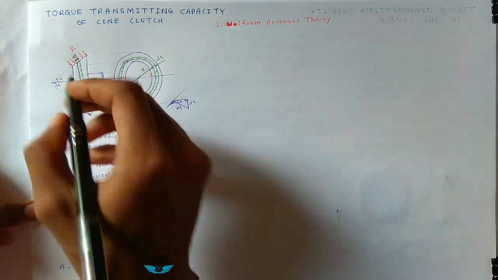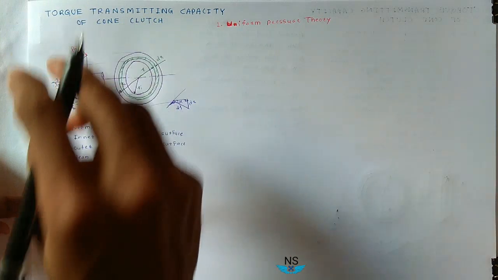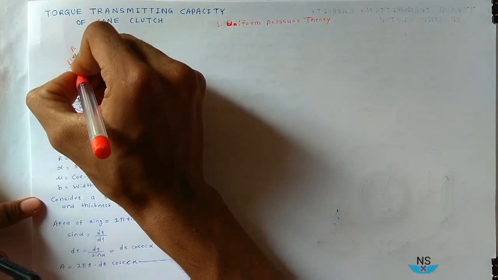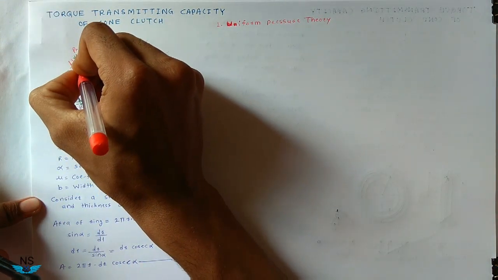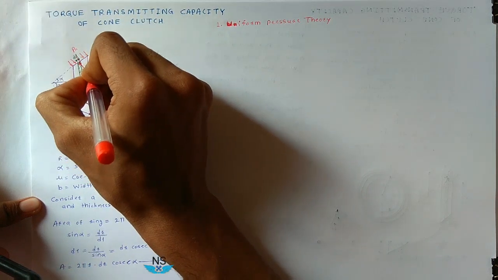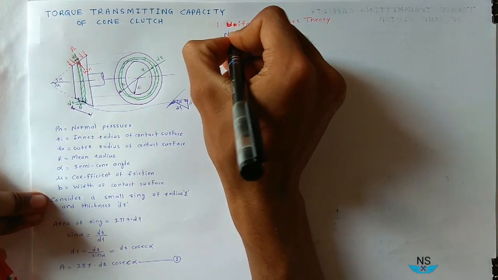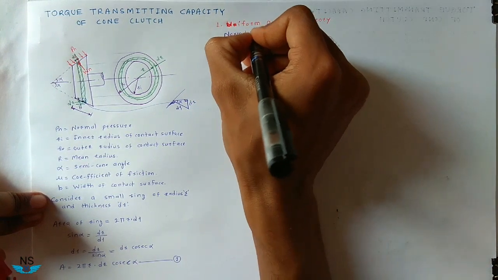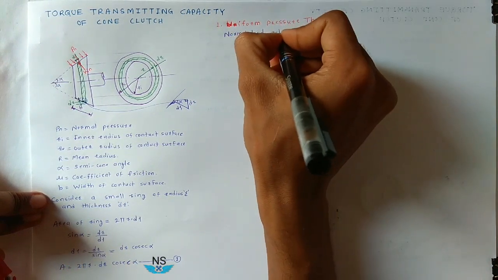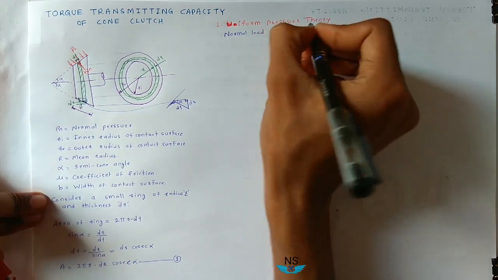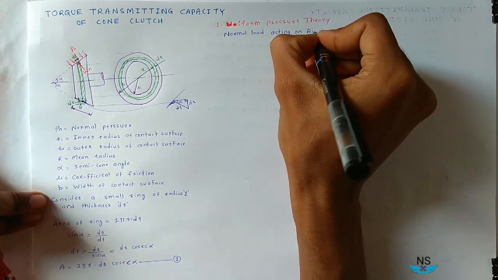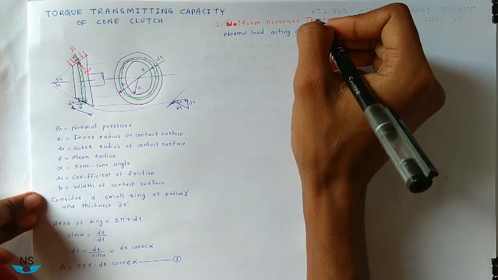So if this is a normal pressure acting on contacting surface, then opposite to that normal load Wn is acting. So this normal load acting on ring. First consider for ring.